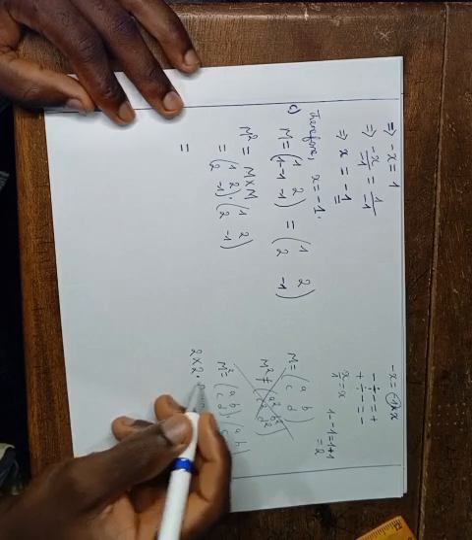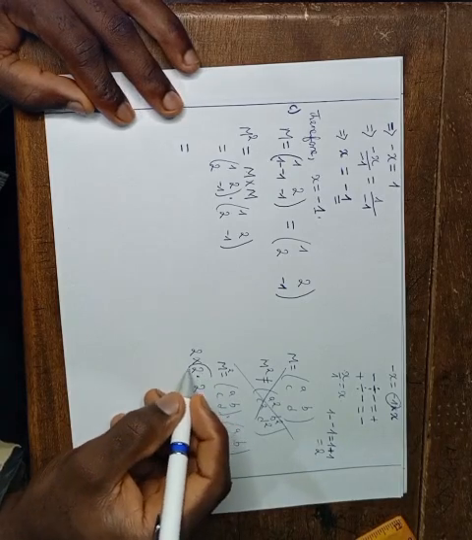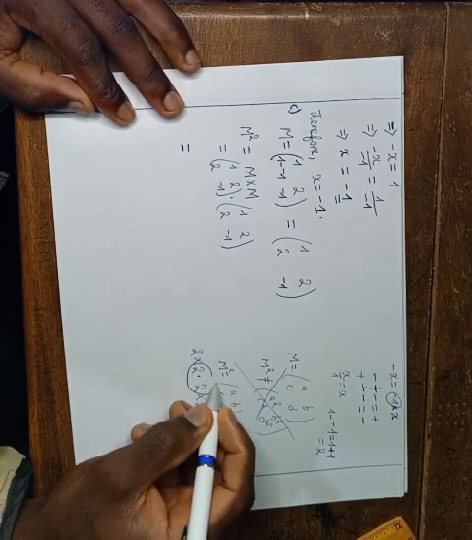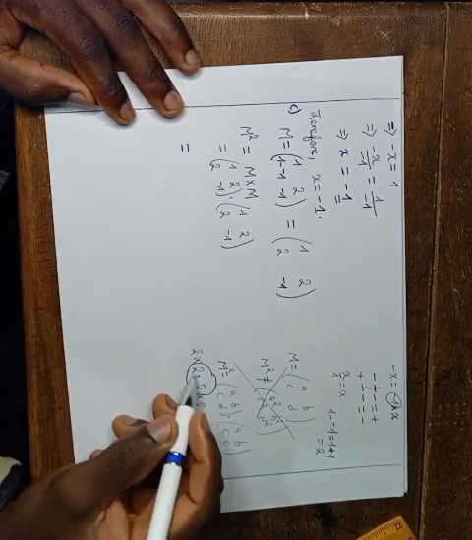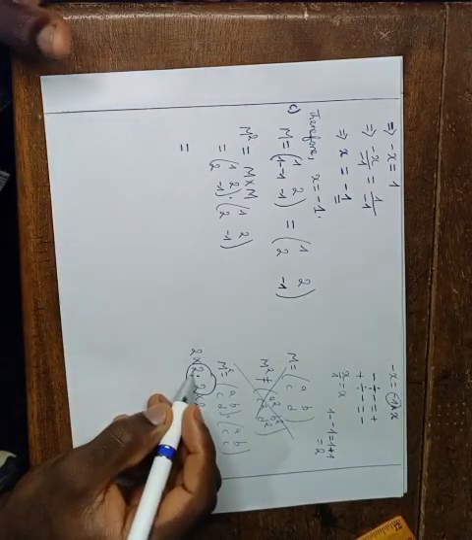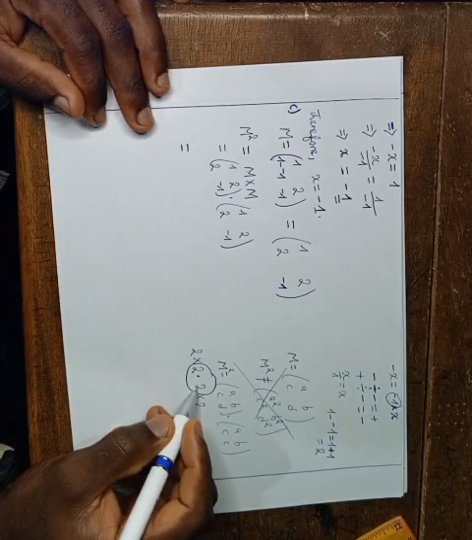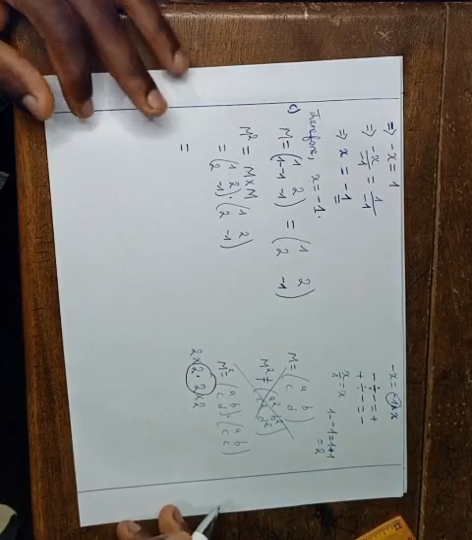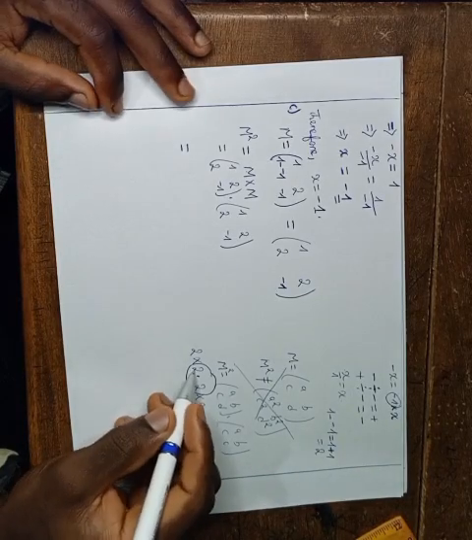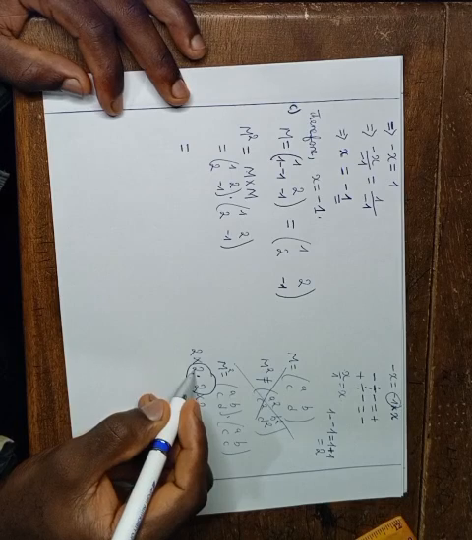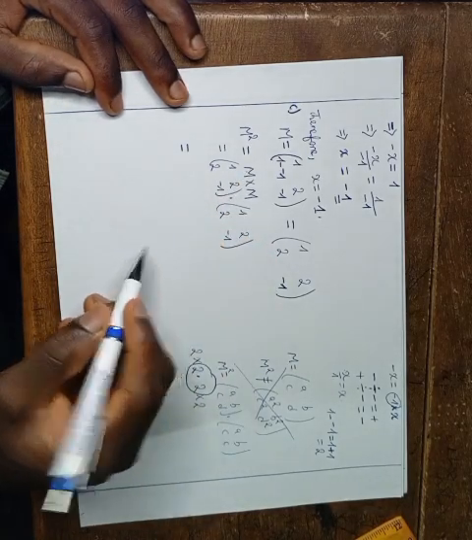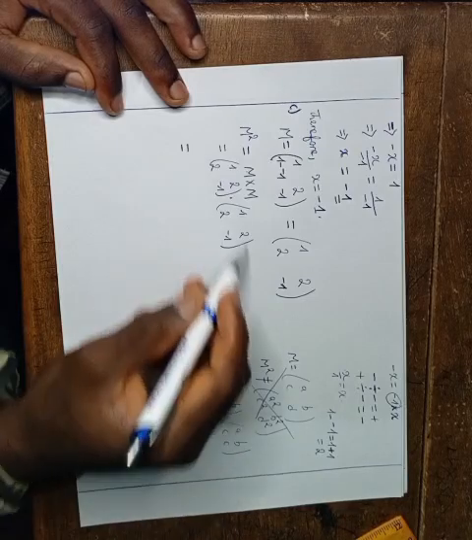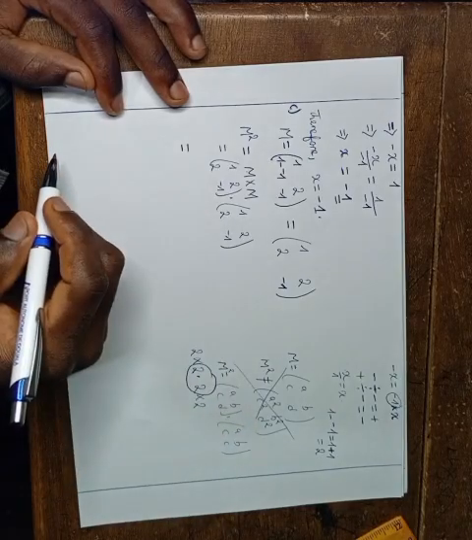So for the order of the resulting matrix, we drop the number of columns of the first matrix and the number of rows of the second matrix, because for us to multiply two matrices, the number of columns of the first matrix must be equal to the number of rows of the second matrix.